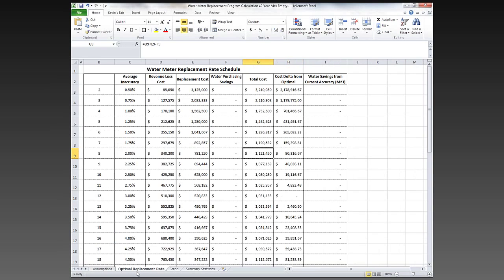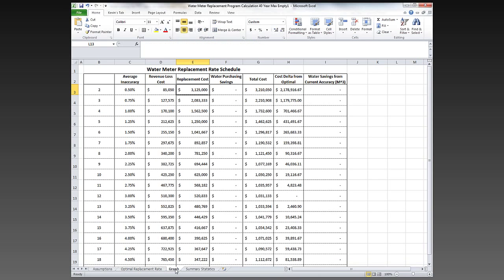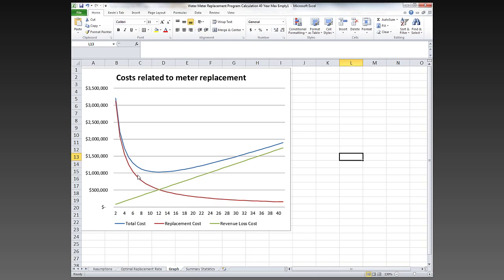Then what happens here is it inputs all the numbers into the model at each replacement rate. This is how much revenue you'll lose, and this is your replacement cost, and it graphs it out right here, just like you saw on the PowerPoint presentation.